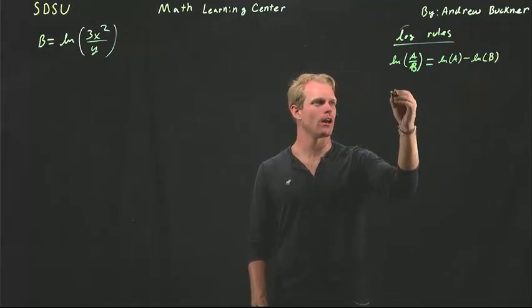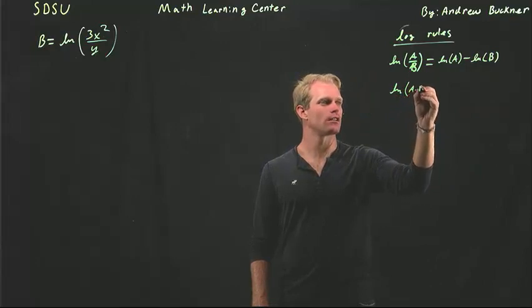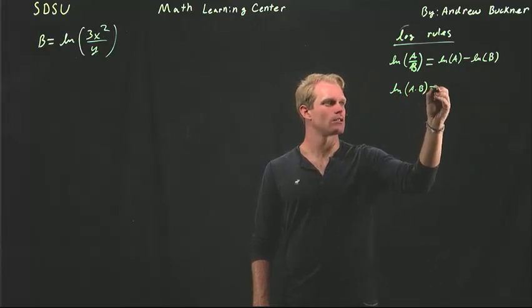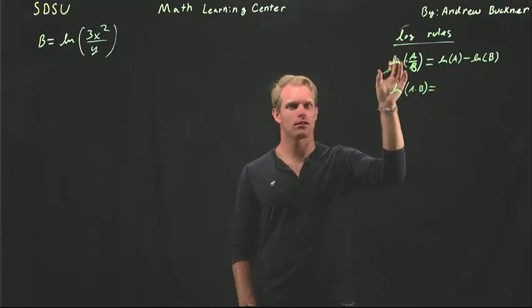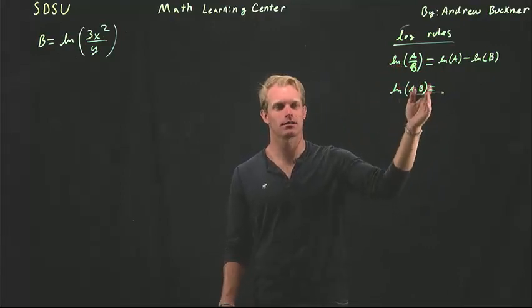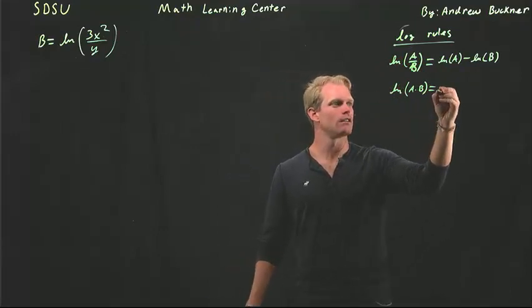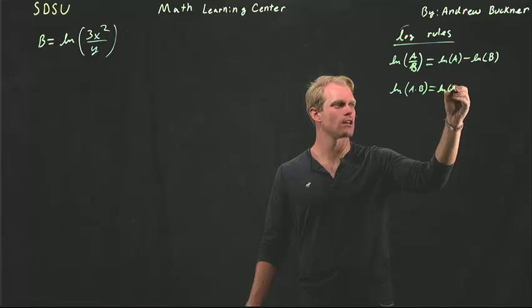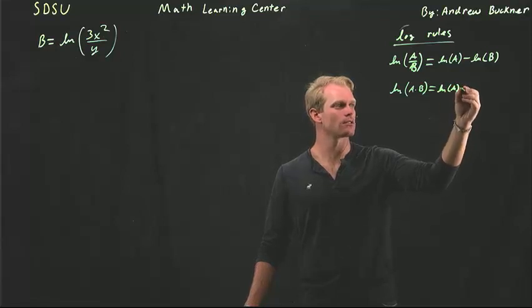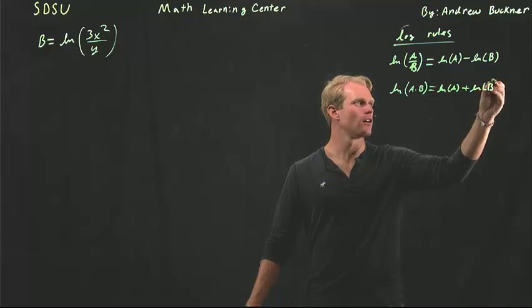The other one is the product of two functions inside a log. Because we subtracted for a quotient, for a product we're going to be adding. So I'm going to have the natural log of a plus the natural log of b.